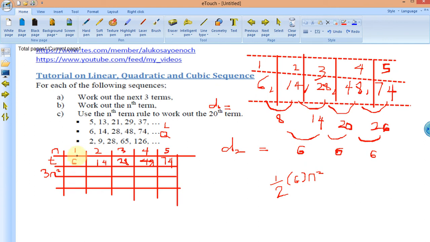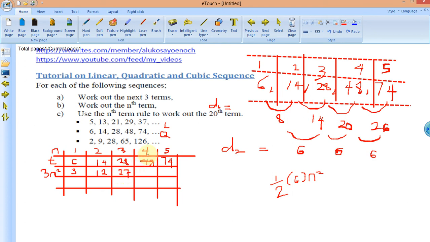When n is 1, 1 squared times 3 is 3. When n is 2, 2 squared is 4, times 3 is 12. When n is 3, 3 squared is 9, times 3 is 27.